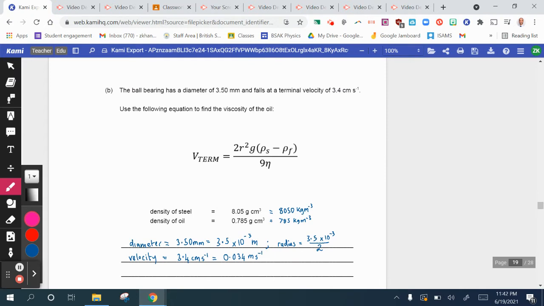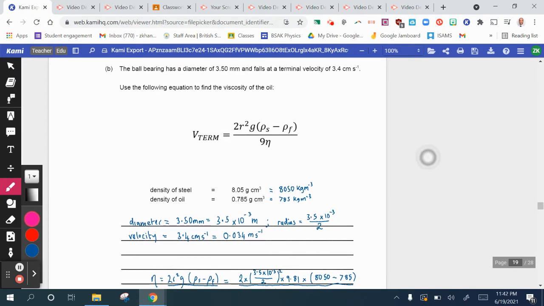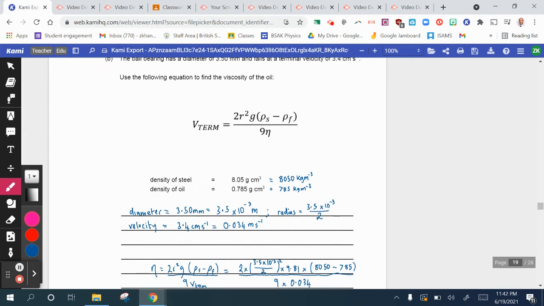Let's convert the diameter into radius and into meters as well. 3.5 millimeters divided by 1,000 is 3.5 times 10 to the minus 3 meters. The radius is half the diameter, so that's 3.5 times 10 to the minus 3 over 2.